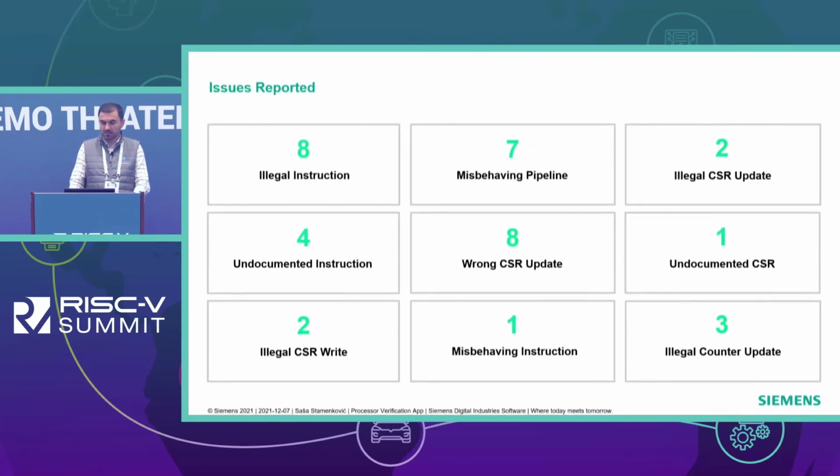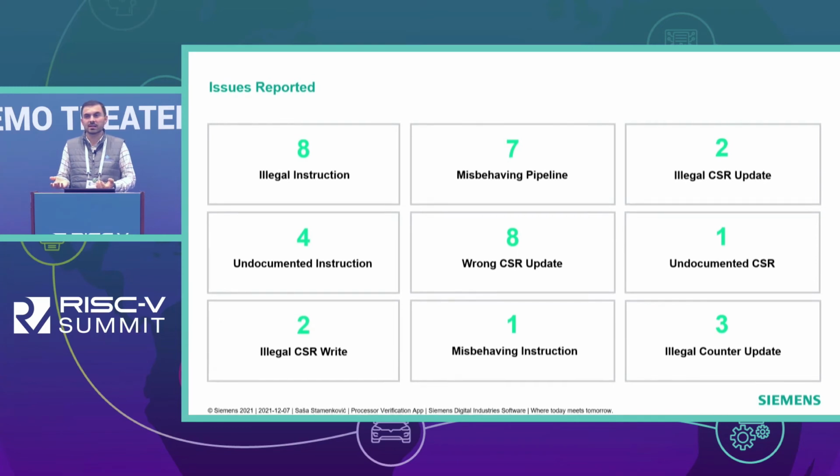And then coming to the end, these are some of the issues that using this app we have reported to the community for different cores. Just different types of issues that we have found, and I will just mention one. It was based on the Rocket core. When we were running the Rocket core in-house, we have seen that an instruction had been added. That's what the tool flagged.